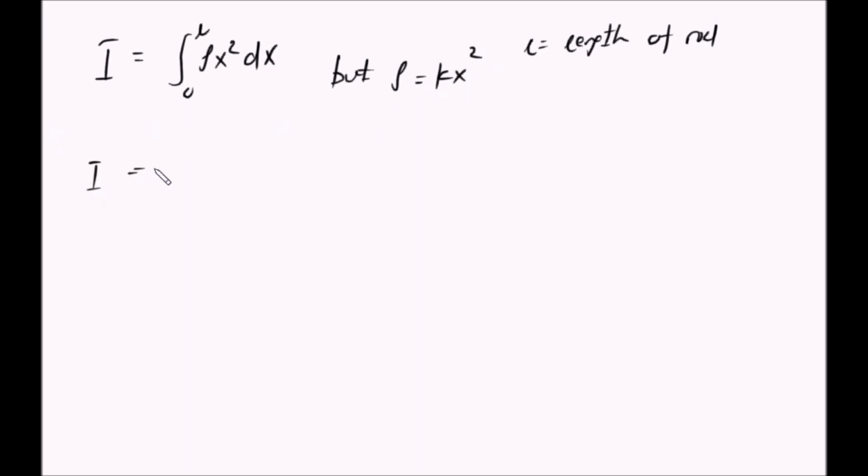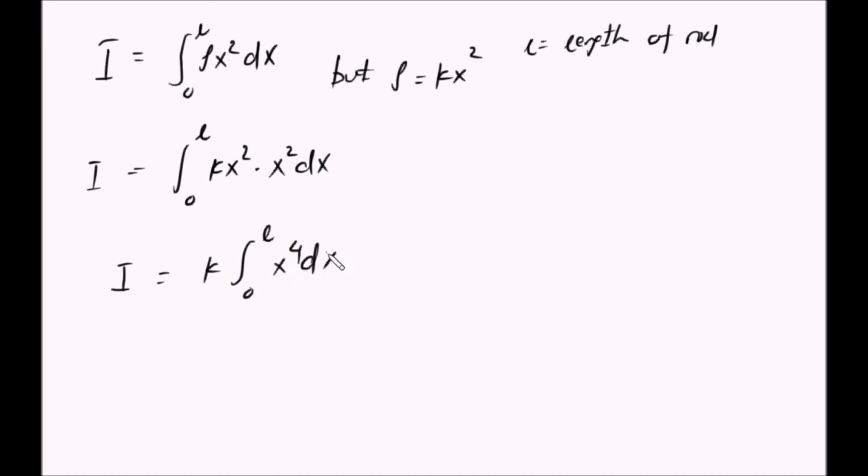Kwa hiyo I itakuwa sasa na from 0 to L. So line density sasa ni kx squared times x squared dx. So tuanje K, moment of inertia itakuwa ni x power 4 dx. So nikiintegrate x power 4 napata nini? Napata x power 5 over 5 from 0 to L.